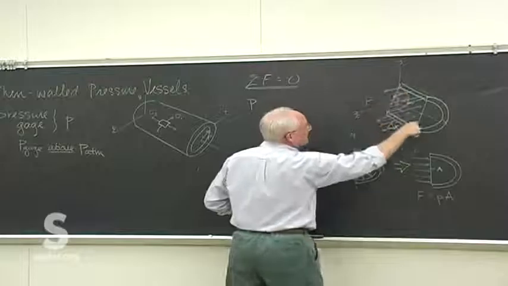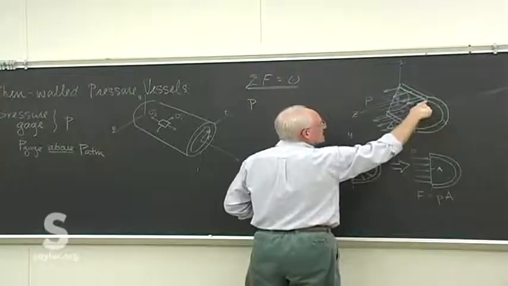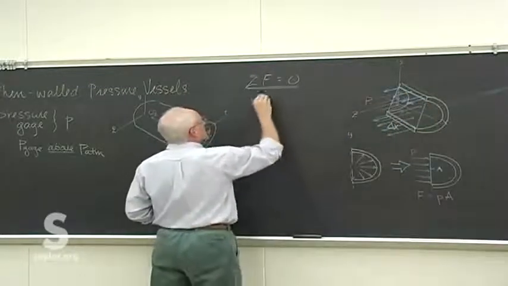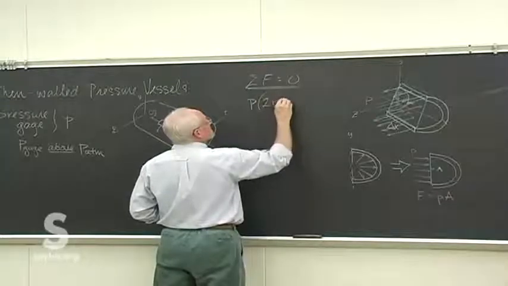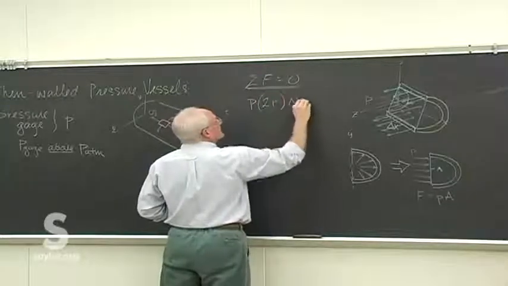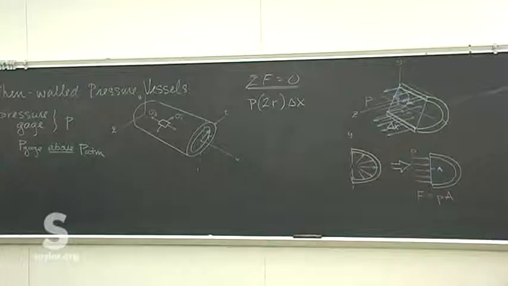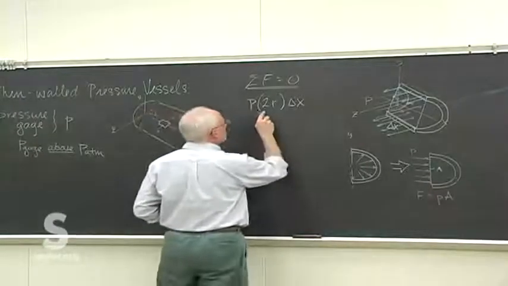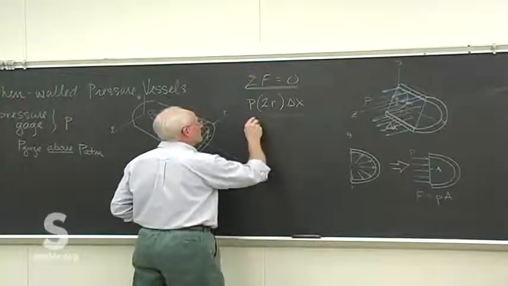That area is twice the radius times delta x. So that's 2r delta x. That's the pink pressure force exerted by the fluid.